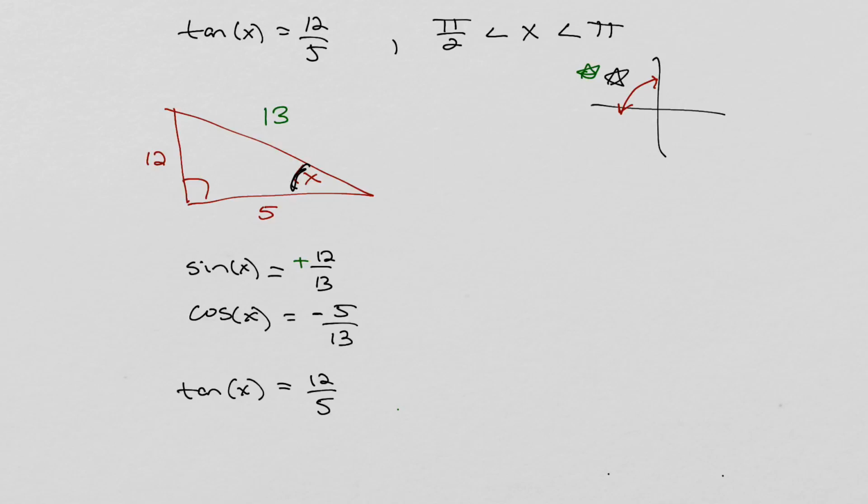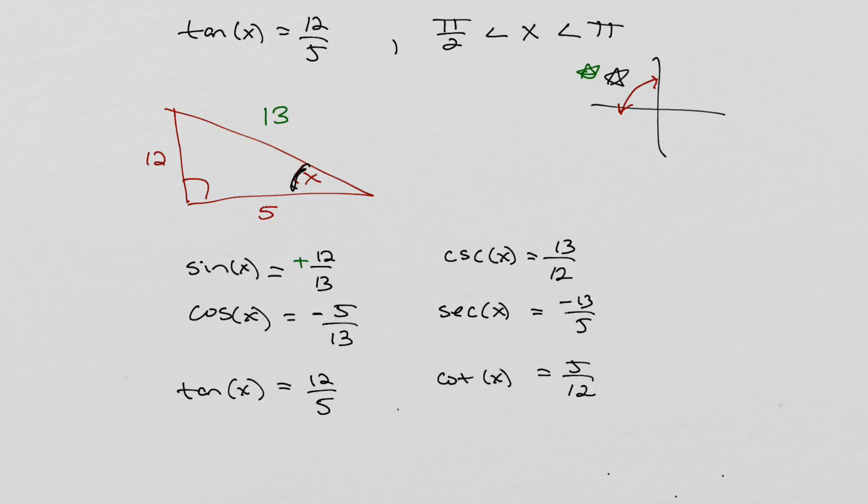Once we have these, we can flip over the other ones. Cosecant of x is just sine flipped over, so that's going to be 13 over 12. Cosine of x, when you flip that over, you get secant of x, so that'll be a negative 13 over 5. And cotangent of x, if you flip over tangent of x, will give you 5 over 12.